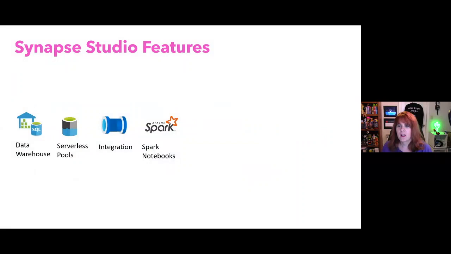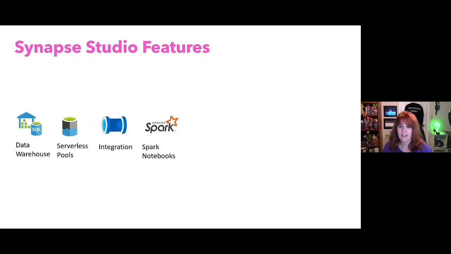All right, so with Synapse, there's a whole bunch of different features that you can use and people have talked about. As a matter of fact, I noticed that in some of the documentation for Azure Data Studio, they're still calling it Azure Data Warehouse instead of Synapse Dedicated Pool. But I understand why people do that.